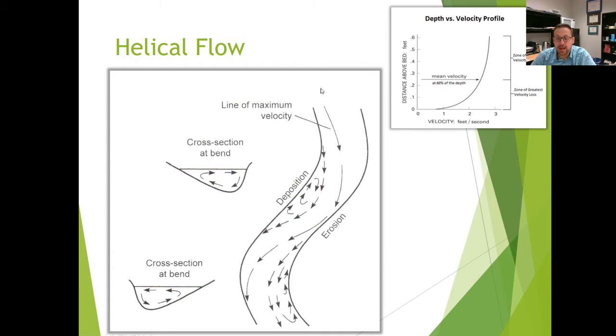So when you bring this into a three-dimensional space on the river, what this causes is helical flow.